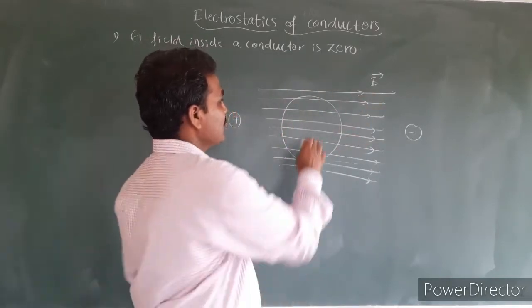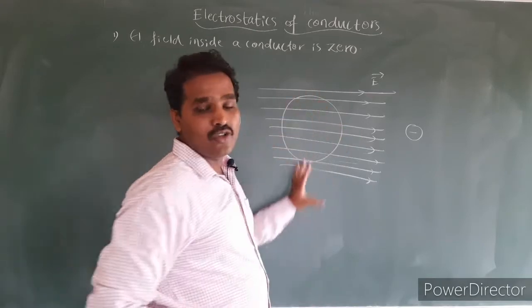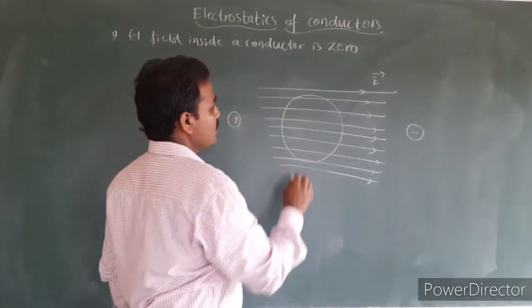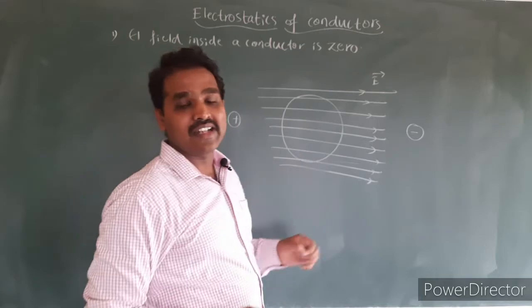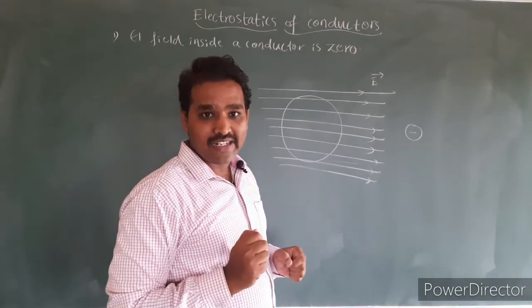When the conductor is placed in this uniform electric field, we know that it contains a very large number of free electrons.